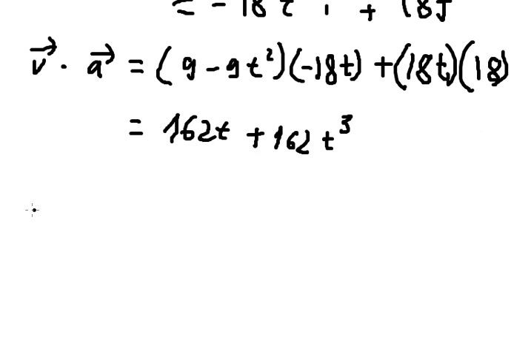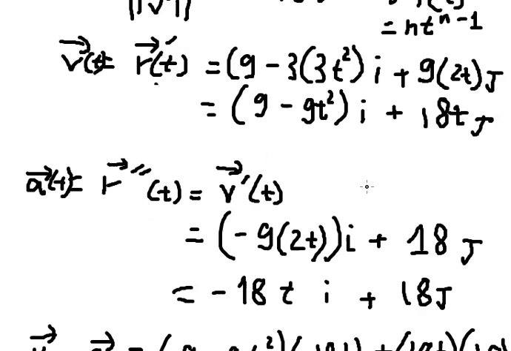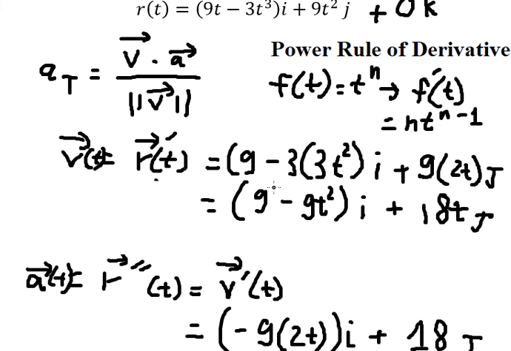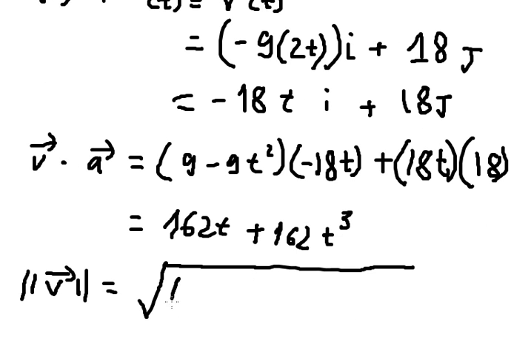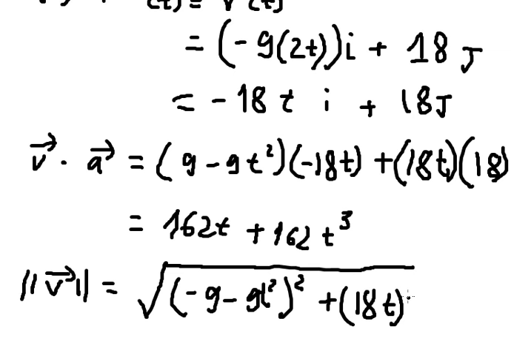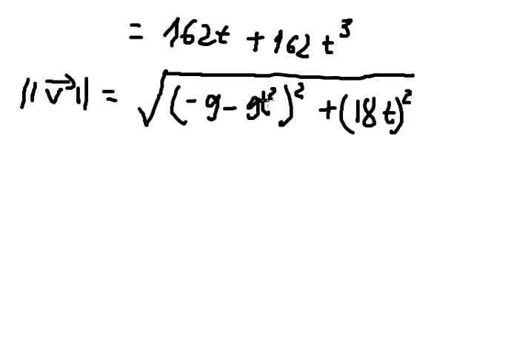Now let's go to the magnitude of vector v. So we have the square root, and we need to put this one and this one in here. If we simplify this one, now we need to expand this one.